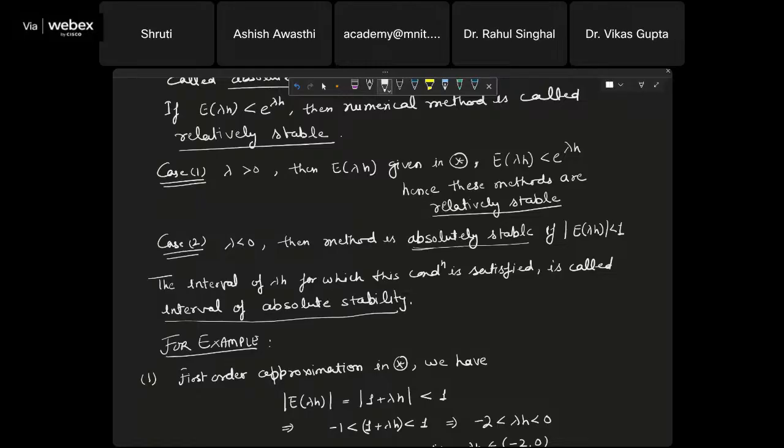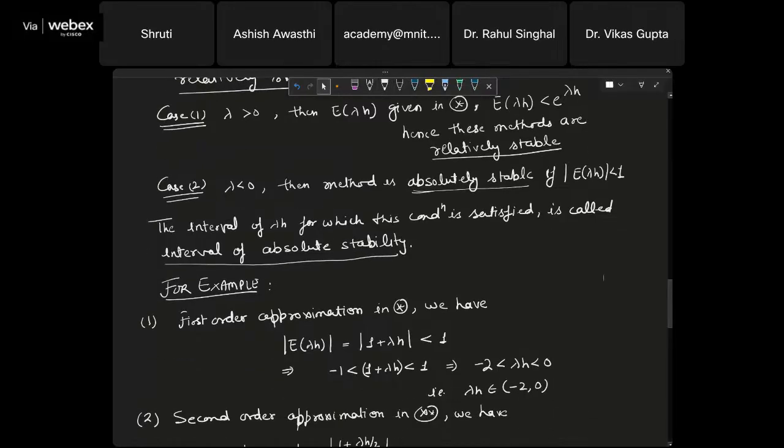For example, suppose we take the first order approximation, as I have shown previously in the Euler method case. In the Euler method, the modulus of E lambda h will be equal to the mod of 1 plus lambda h, because e power lambda h is approximated by 1 plus lambda h.